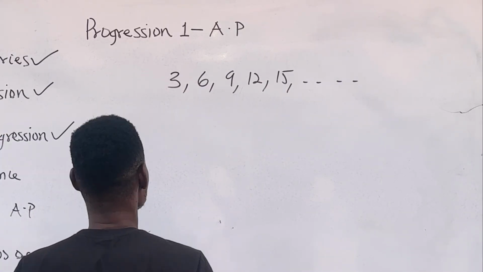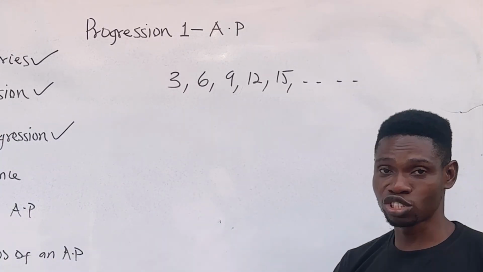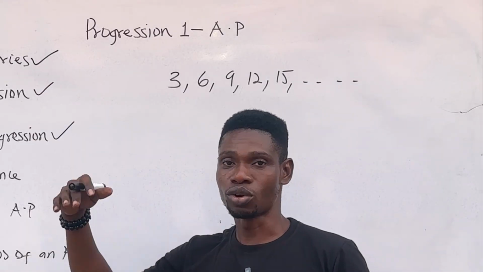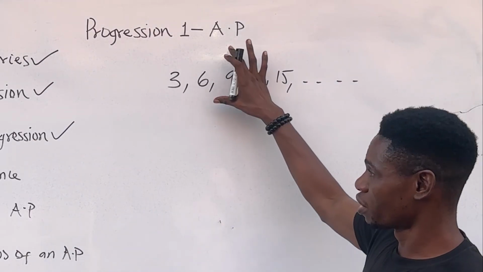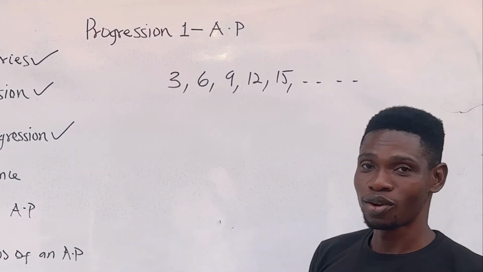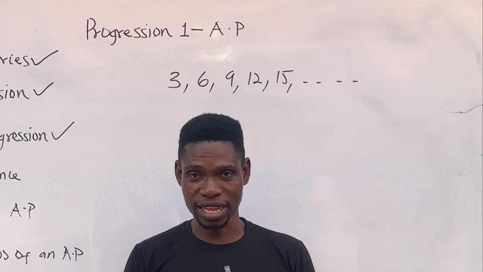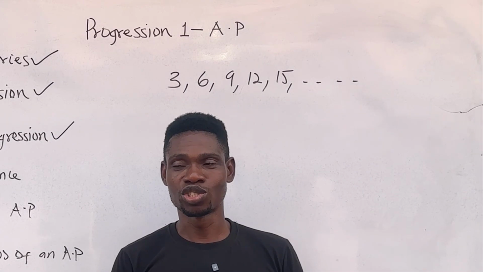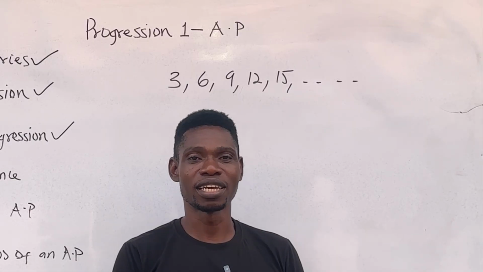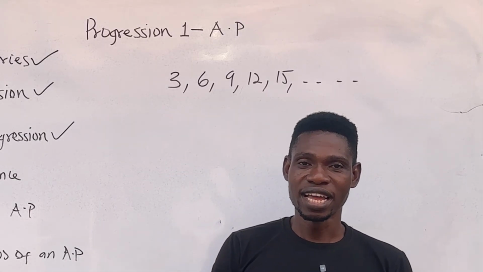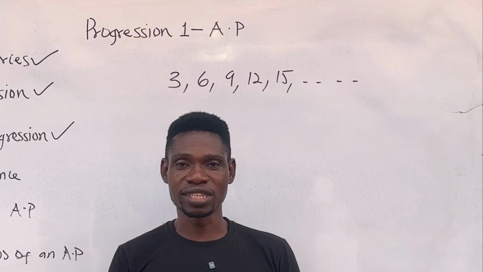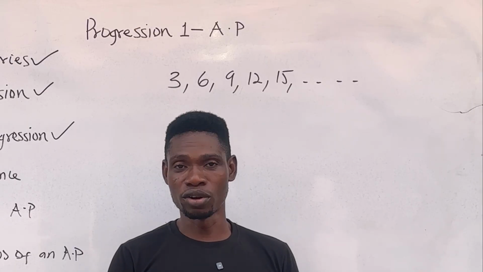When I say progression, I'm talking about either a series or a sequence. If you have a progression where the difference between any two consecutive terms is a constant, that kind of progression is defined as an arithmetic progression. Get the point? The difference between any two consecutive terms is a constant.